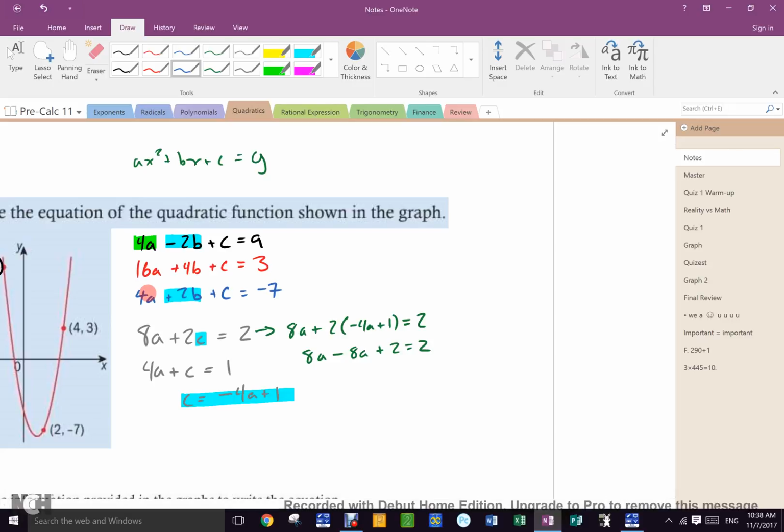Could I put it into the red equation? Could I put this c up here? What would happen then? Then I'd have a and b, wouldn't I? Wouldn't I? Okay. Then can I find b anywhere? It's all that stuff from grade 10, right?